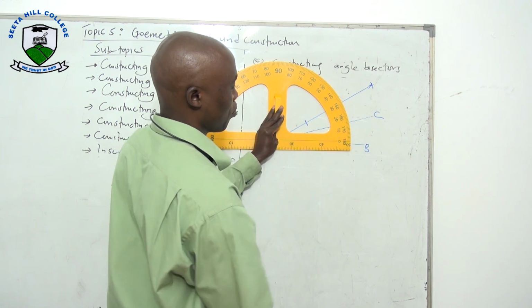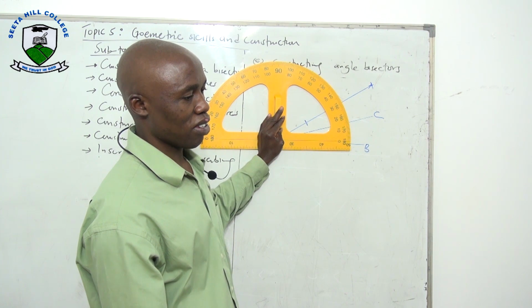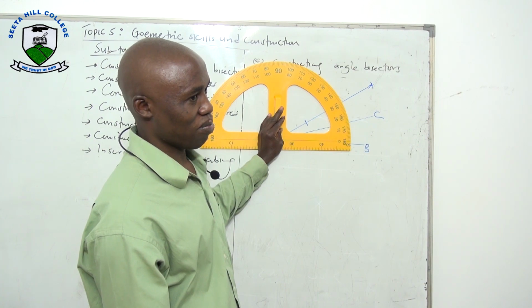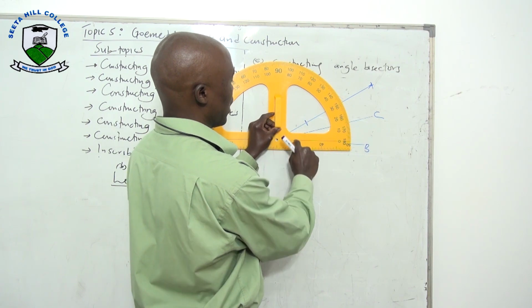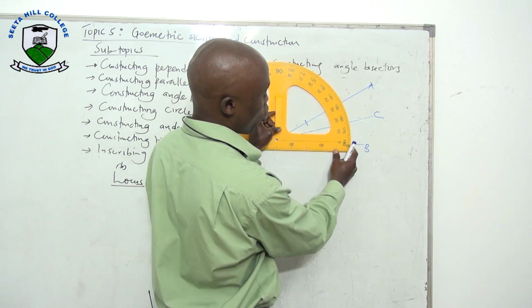Not so? Which scale do we use? Now, you see the scale where the protractor is lining with the line is the 0.